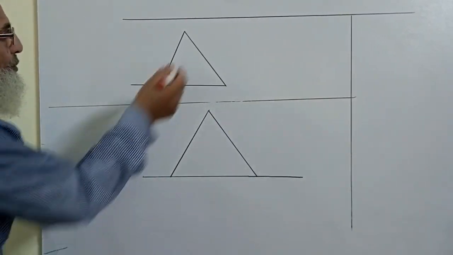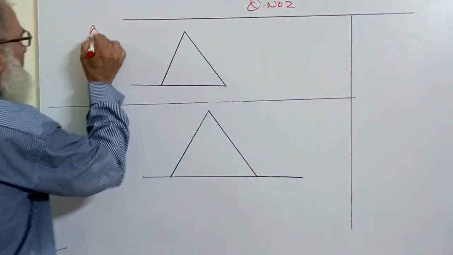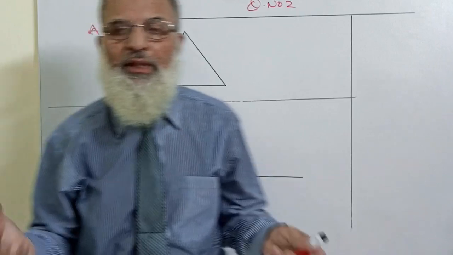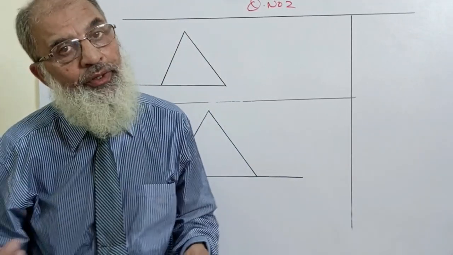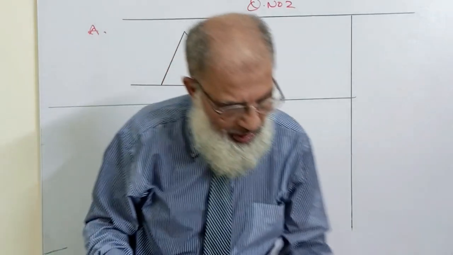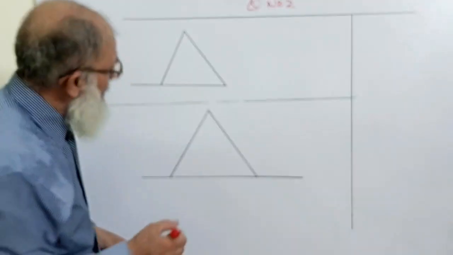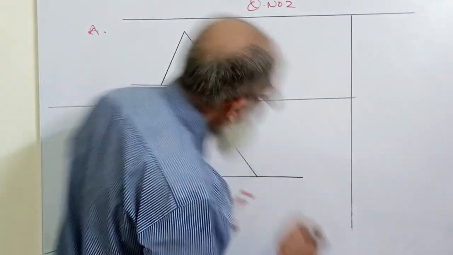Now this is question number 2, part A. Again we are given some angles and we have to find the unknown angles, and we have to give the reasons also. Now I'll just name this triangle ABCD.